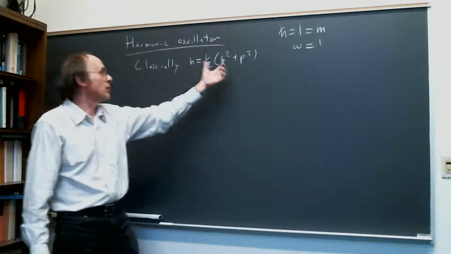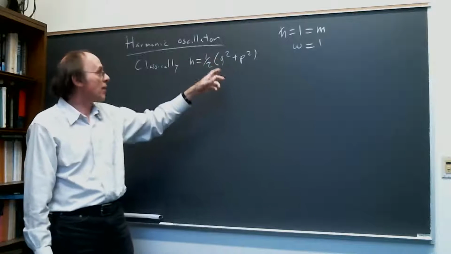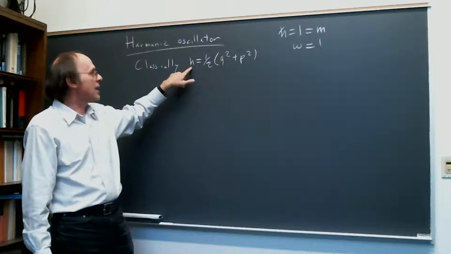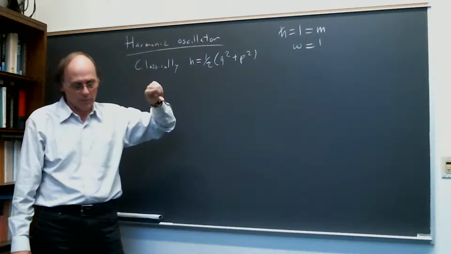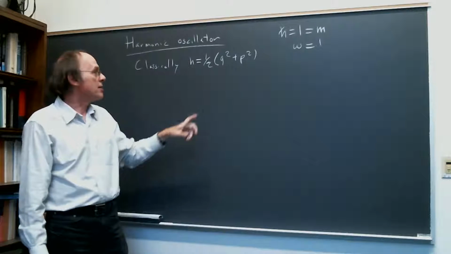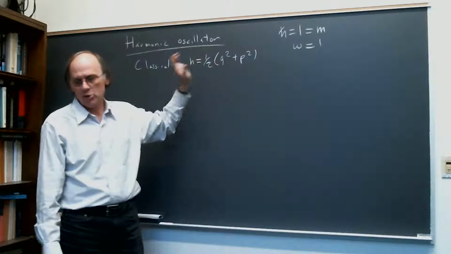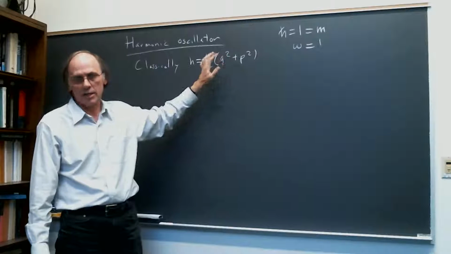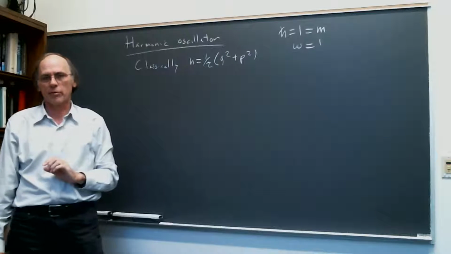A lot of what's happening in the harmonic oscillator is governed by the fact that this function h generates rotations in the plane, so the fundamental geometry of phase space and Hamiltonian mechanics works out very nicely here and gives you stuff which is harder to get from the Lagrangian point of view.